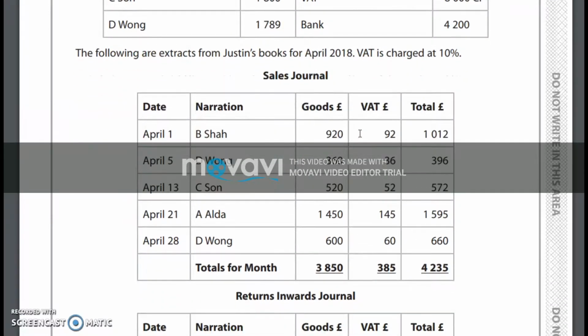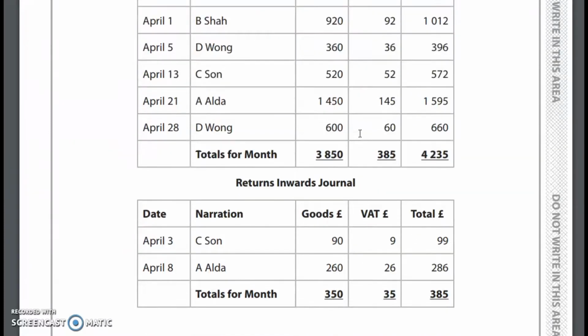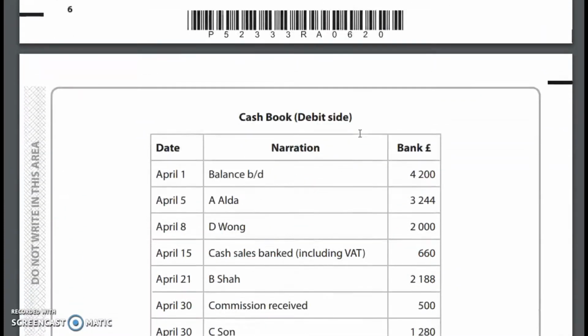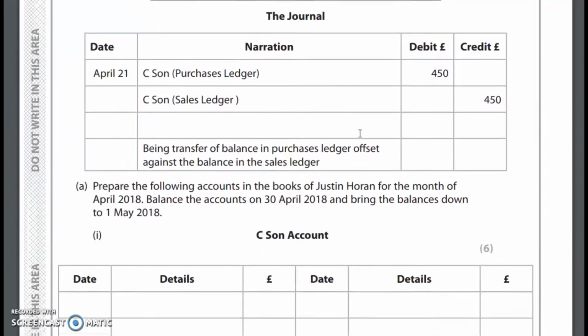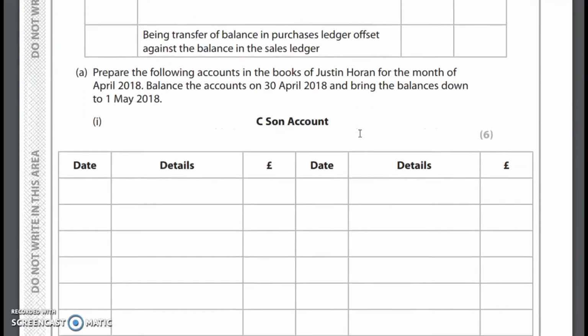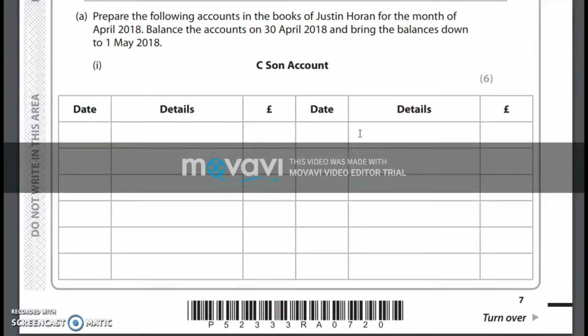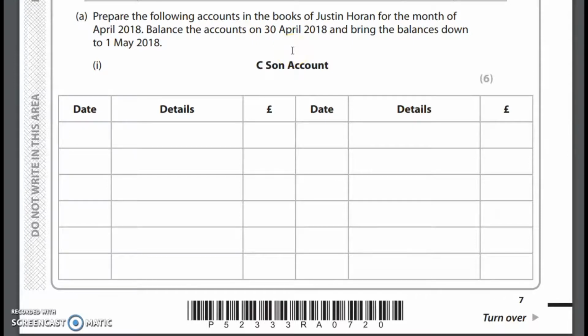They have given us the extract of the sales journal, return inwards journal, the cash book and the general journal for the month of April 2018. The question is asking us to prepare the following accounts in the books of Justin Horan for the month of April 2018. Balance the accounts on 30th April 2018 and bring the balances down to 1st of May 2018.